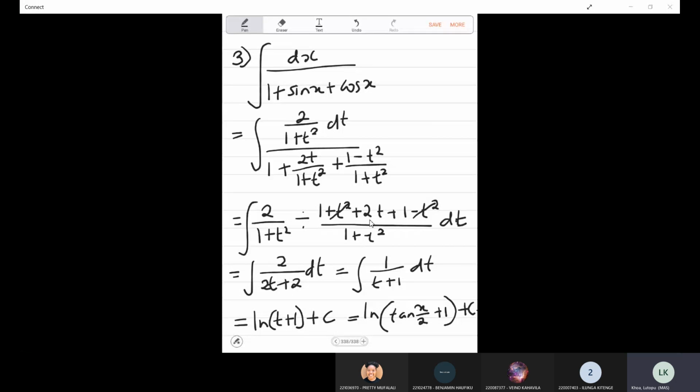Then you should try the questions in exercise 4.5. There's about 10 of them, but like I said, with this t substitution, it isn't that complicated because it's mainly just algebra that you have to do. If you do your substitution correctly, then you shouldn't have any problems with it.